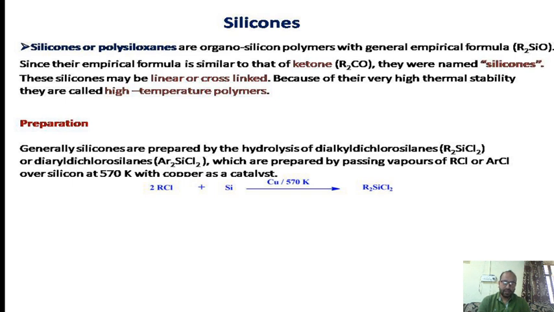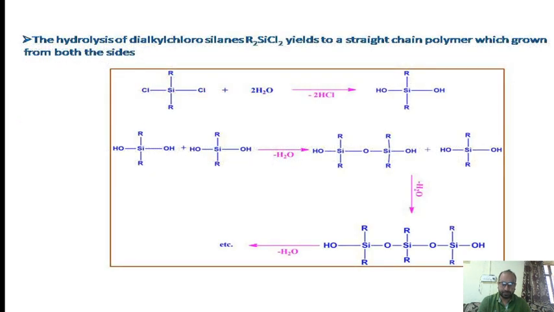This dialkyl dichlorosilane is obtained by passing the vapor of an alkyl chloride or aryl chloride over silicon in the presence of copper as catalyst and at 570 Kelvin. As shown in the reaction, we get the product dialkyl dichlorosilane or diaryl dichlorosilane.